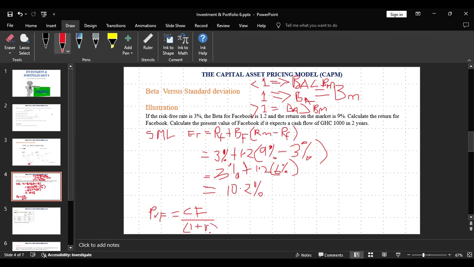They said 2 years, so raise the power 2, which will be equals to 1,000 over 1 plus 0.102, this is the rate of return.